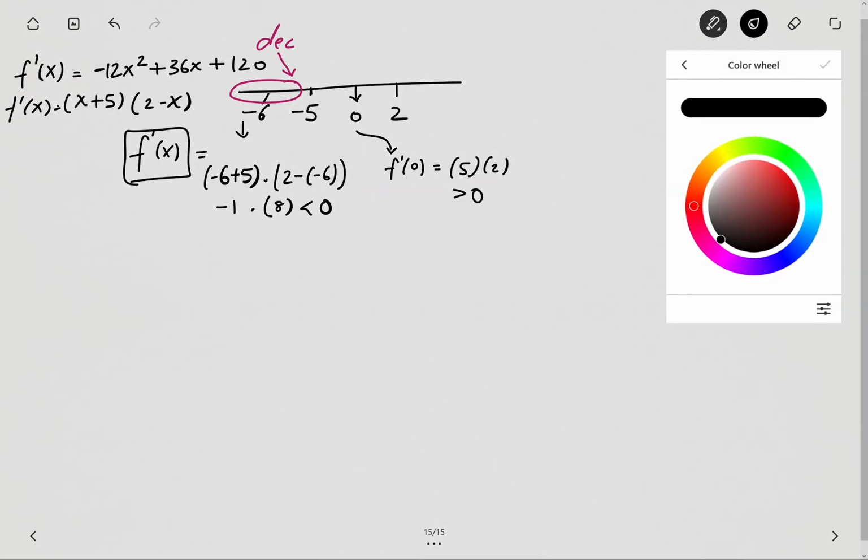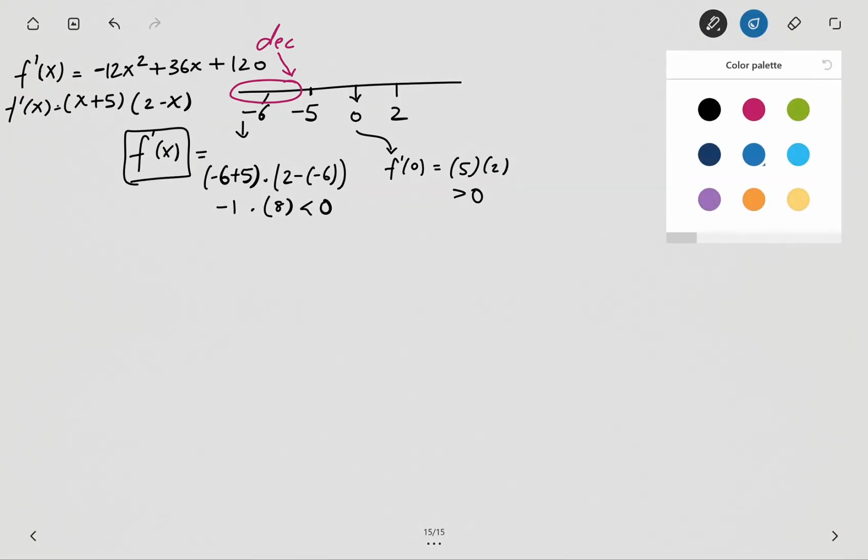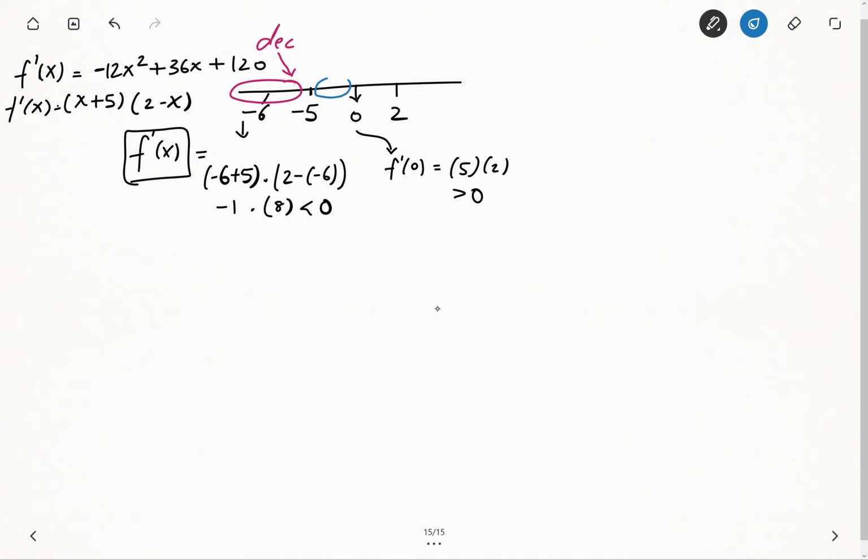So in this zone, the value is increasing, because it's a positive slope. Not in just that one, it should be for the whole zone. Let me just draw it again. So in this whole zone, the value is increasing.